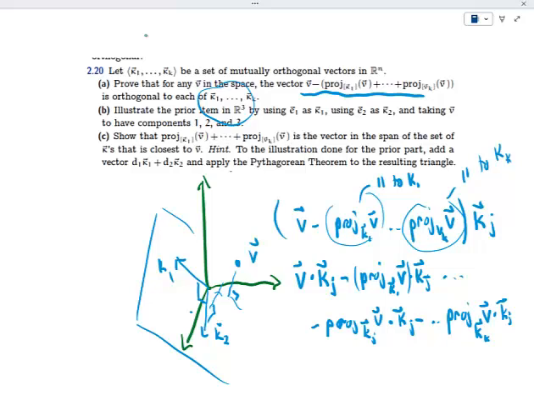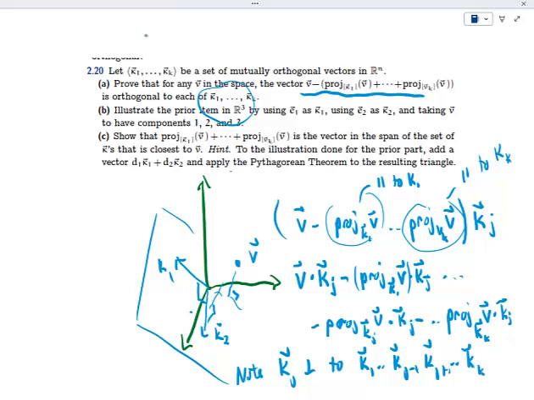Okay, so note that kappa J is perpendicular, or orthogonal, to kappa 1, and then kappa J minus 1, and then kappa J plus 1. All the other kappas, it's perpendicular to.